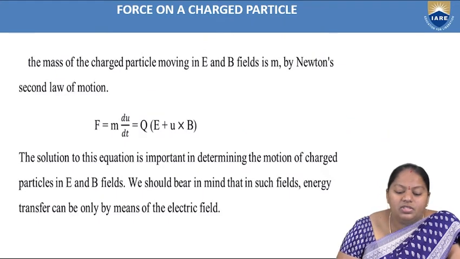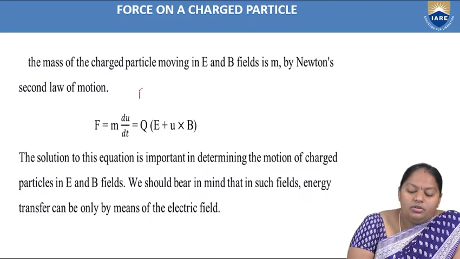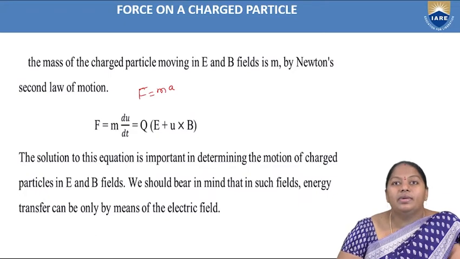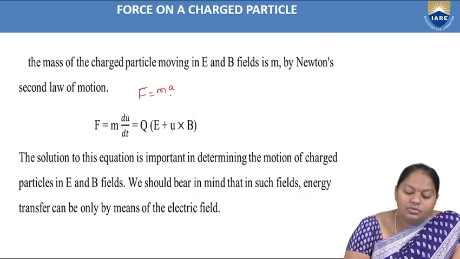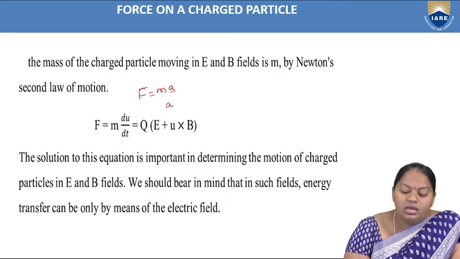Then the mass of the charged particle, if you consider it as M, is moving in electric as well as magnetic fields. By Newton's second law, as we know, the equation is given by F equal to M into A. Here A is the acceleration, and it is given by A equal to du by dt.